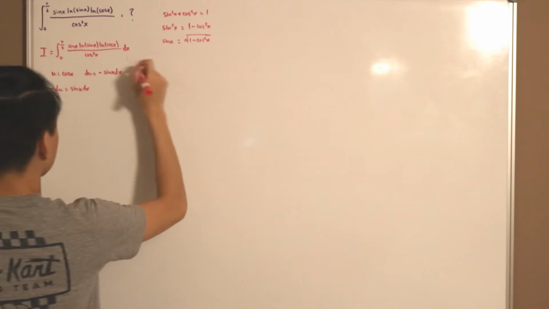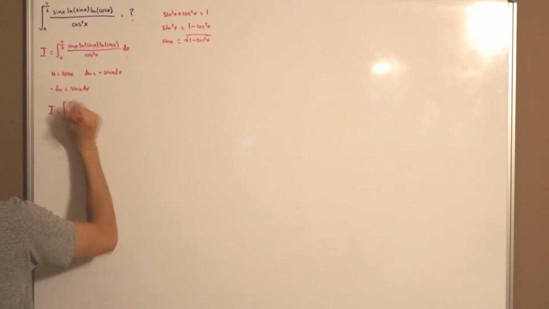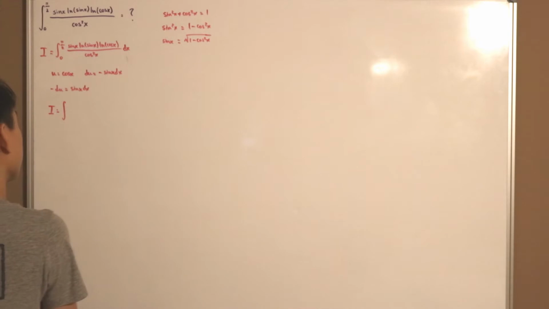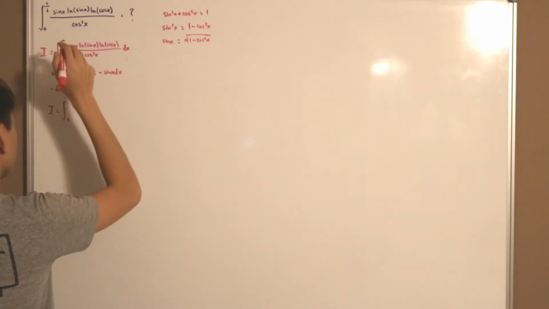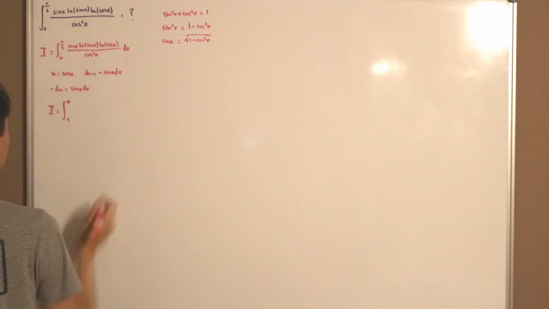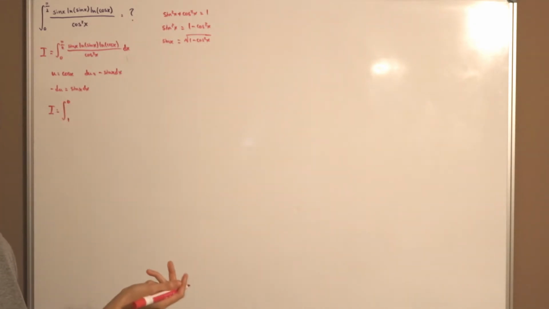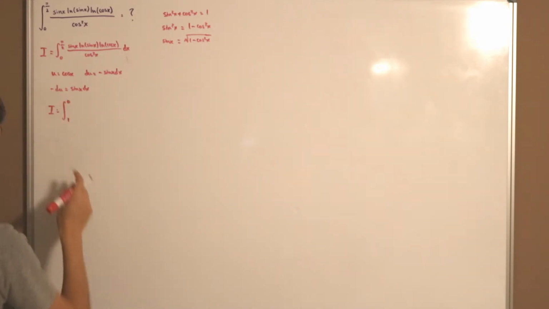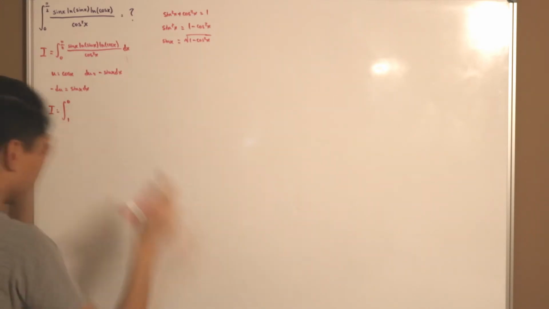So now that we have that, let's replace everything with it. So I is equal to, and don't forget we also have to change our bounds, since we are doing a substitution. As x equals 0, cosine of 0 is equal to 1, and as x is equal to pi over 2, cosine of pi over 2 is 0. Using our properties of definite integrals, because we have a smaller number as our upper bound and a bigger number as our lower bound, we can switch the two, which also changes the sign.